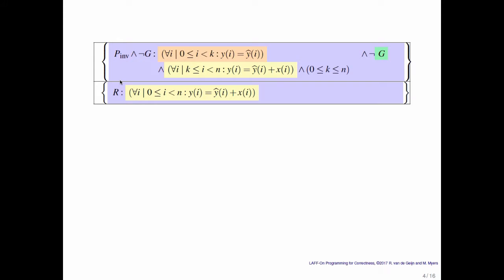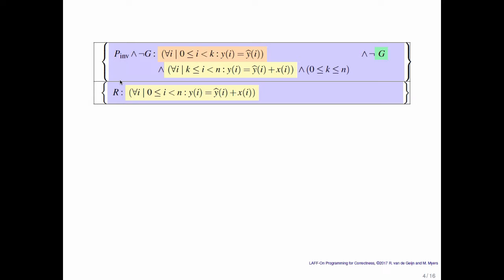Now if you look at this, if k were forced to be equal to 0, then the orange box would be a quantification over the empty range, so that would evaluate to true, and then the rest of it would just be a quantification over the entire range with 0 less than or equal to i less than n. So that's exactly the postcondition that we're after.